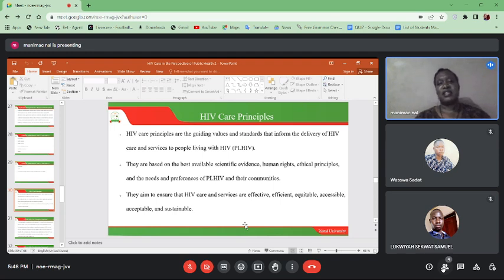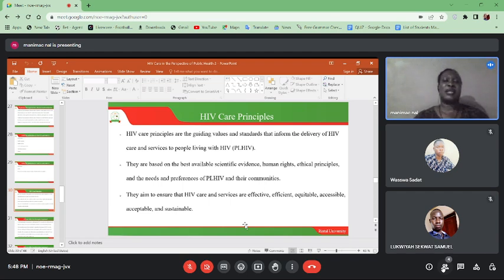So more to that, they are also based on the best available scientific evidence, such that even if a person is positive, that person also has human rights. We need to look at the ethical principles, where we as professionals need to act according to how our ethical codes tell us to, so that we can help and provide services to people who are in need or who are living with HIV and AIDS.